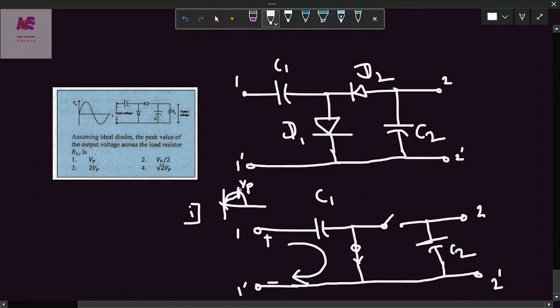Towards the peak voltage, maximum Vp voltage is stored across the capacitor C1. This is the first case.